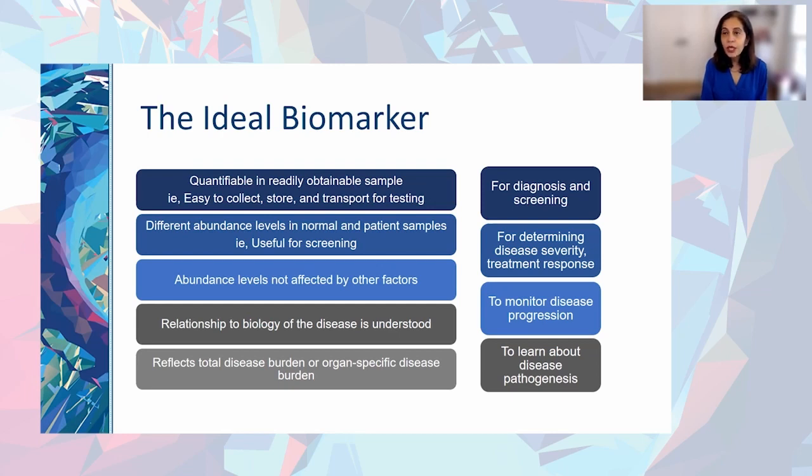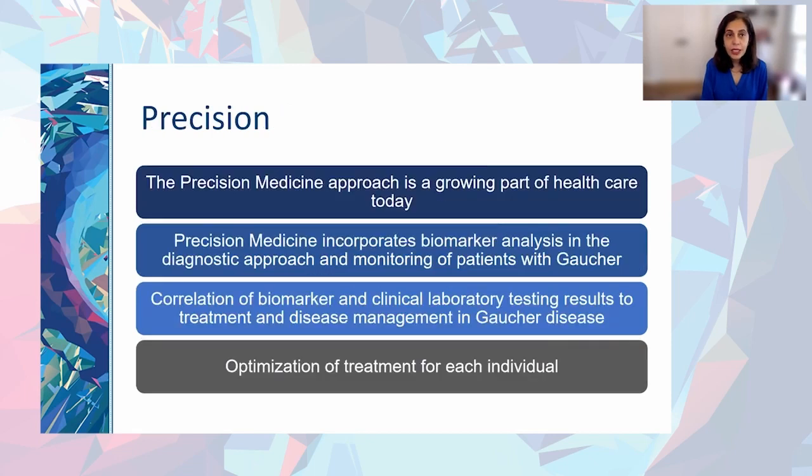And so I'm going to try and walk you through the current biomarkers that we have for Gaucher disease, and also how this can be used in the role of precision medicine, which is a growing part of healthcare today, and which incorporates biomarker analysis in the diagnostic approach and monitoring of patients with diseases.